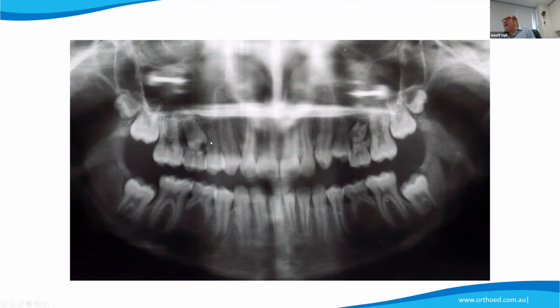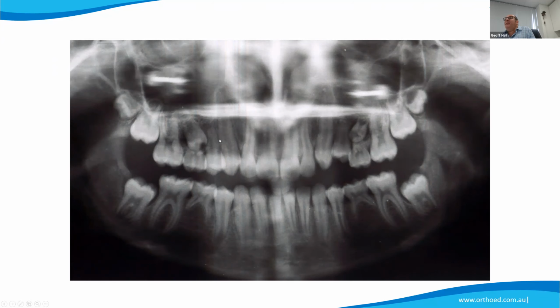So it's not just the upper five, it's the upper E's which are there. So we can afford to lose a little bit more anchorage because we've got 10 millimeters of space to deal with, not just 7. But then you've got to pull that whole anterior unit back. Absolutely, but we're more likely to lose the upper anchor, lose some space with this space being lost.